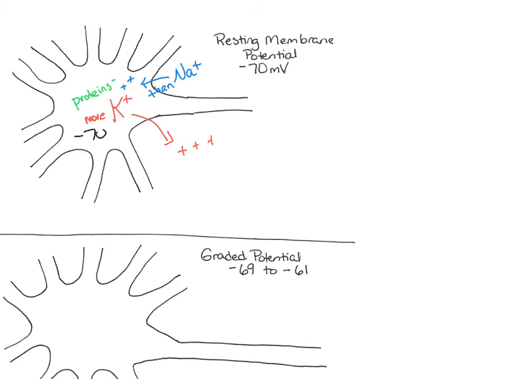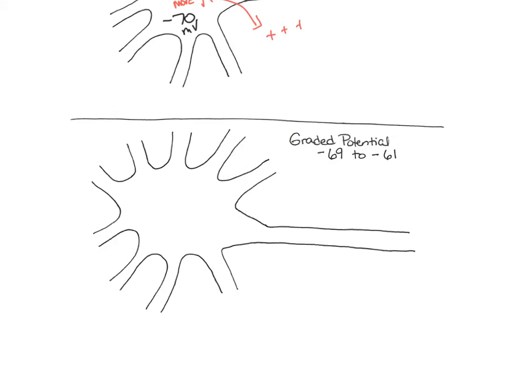In the picture below, we see a graded potential. Graded potentials are local potentials, and they are changes in the transmembrane potential that cannot spread very far. So any stimulus that opens a gated channel will produce a graded potential. On the dendrites and the cell body, there are chemically gated sodium channels, and on these channels are receptors for acetylcholine.